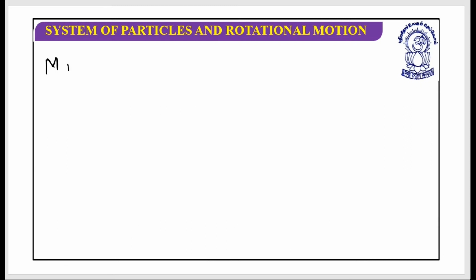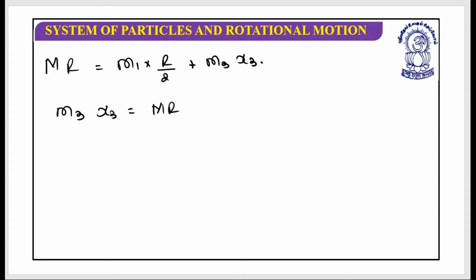It's M into R, that would be equal to M1 into R by 2 plus M3 X3. So this M3 X3 could be written as M into R minus M1 into R by 2.